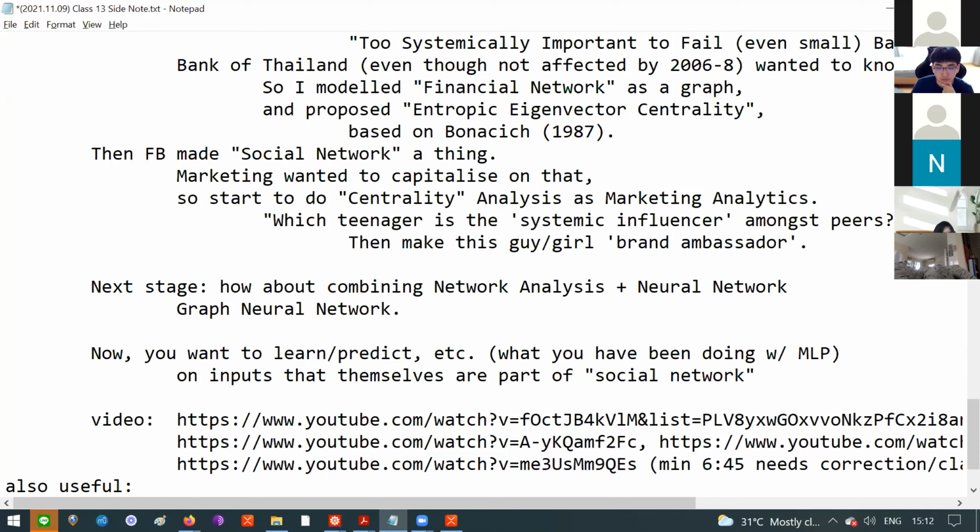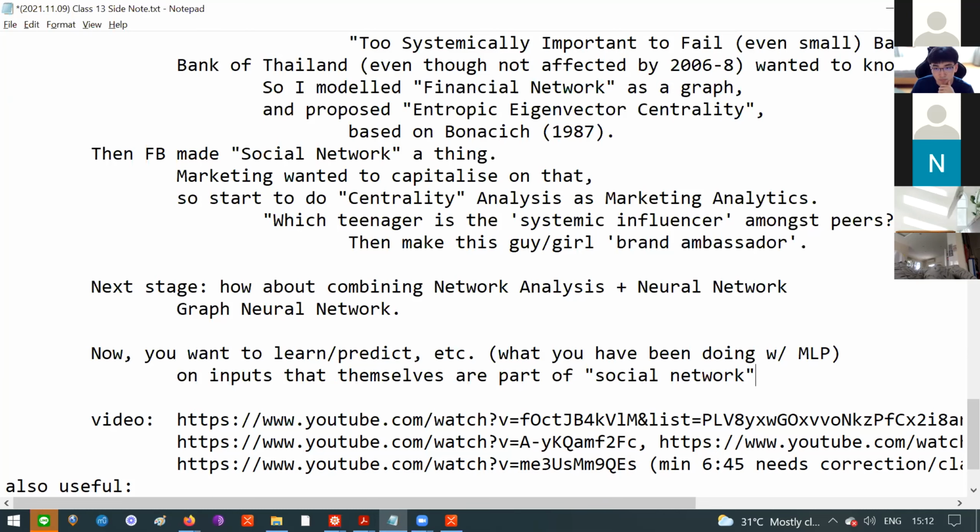So back to the data set. If the data set has all these attributes of the clients, and you have client number 1, client number 2, client number 3, client number 4, you used to process that information independently. Now, put that on a neural, on a social network structure, then it becomes important.